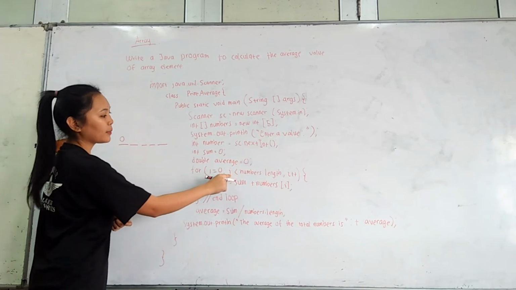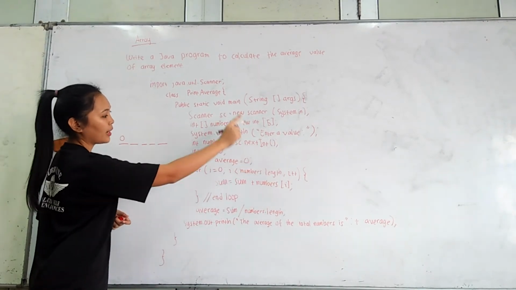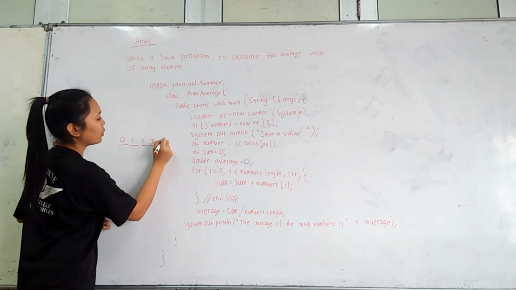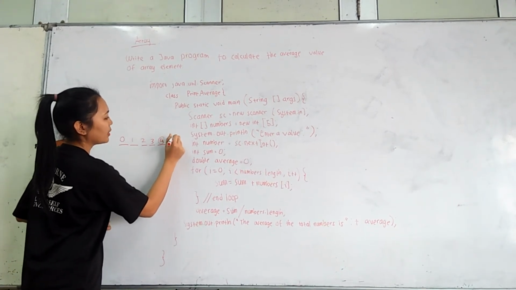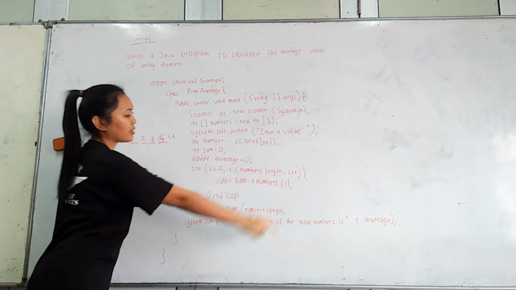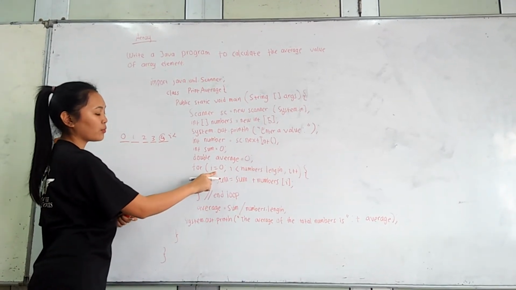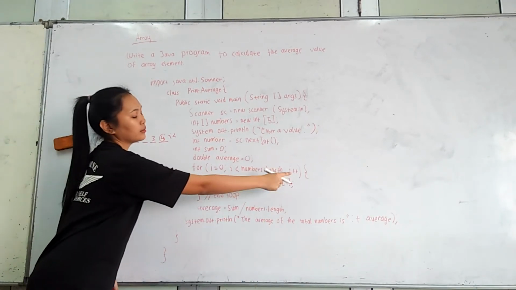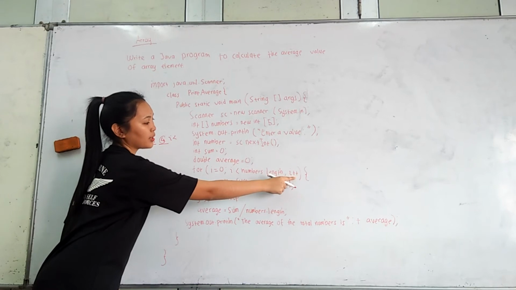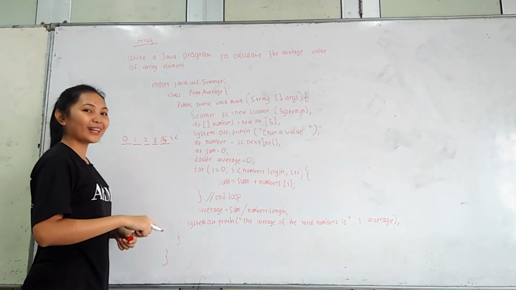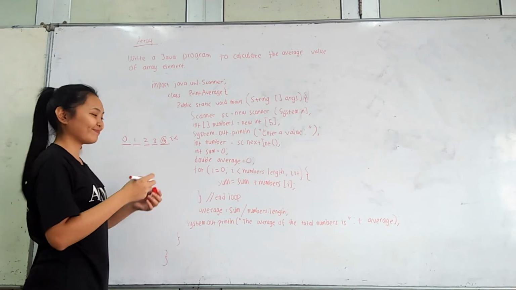So i less than numbers.length, where the length is 5, so 0, 1, 2, 3, 4. This shows that i is less than the numbers length. So for the i++, we start from 0, and when the program comes here, i should be plus 1.